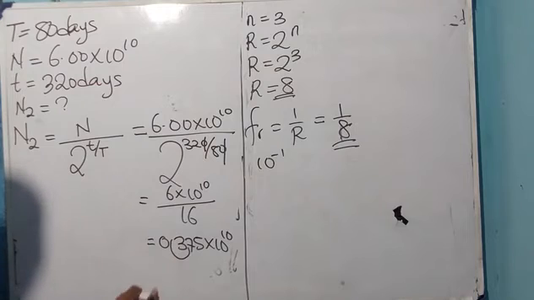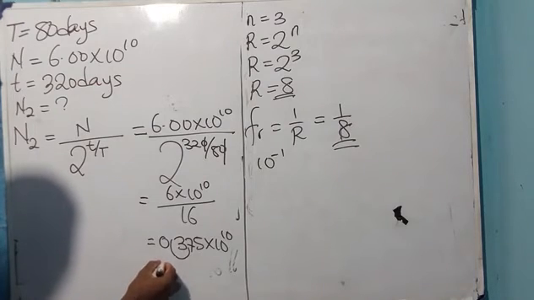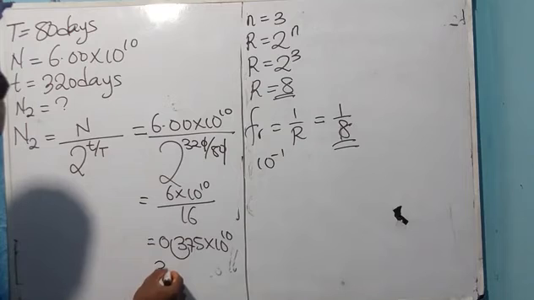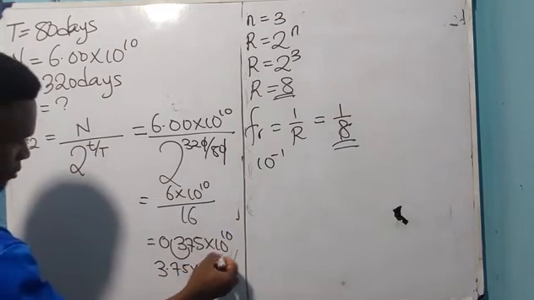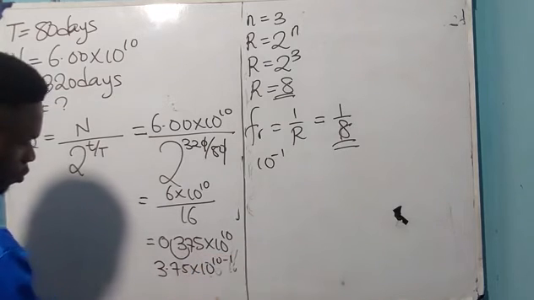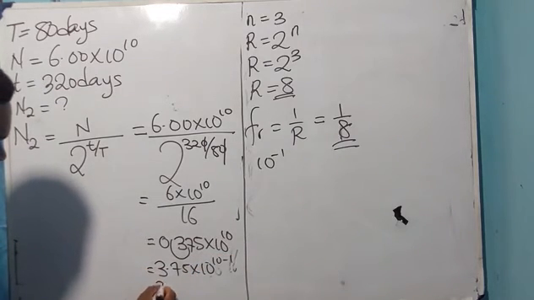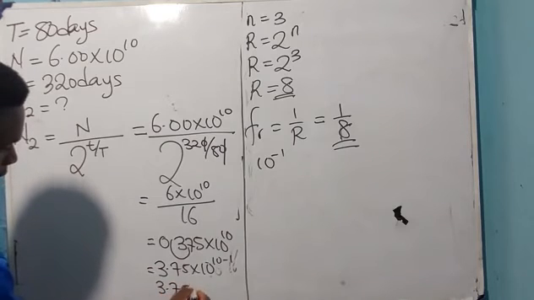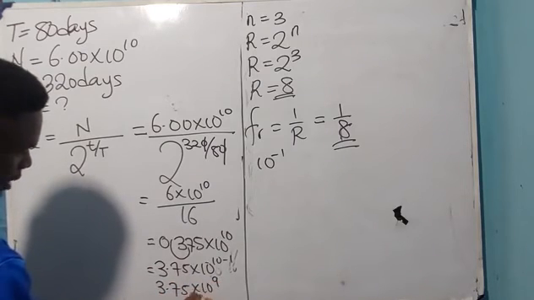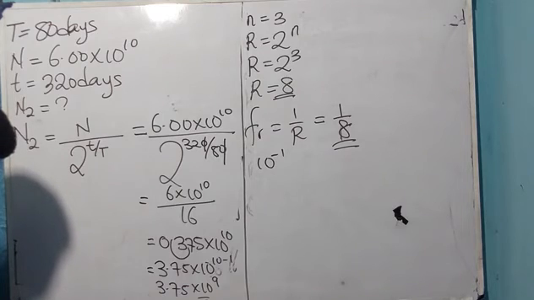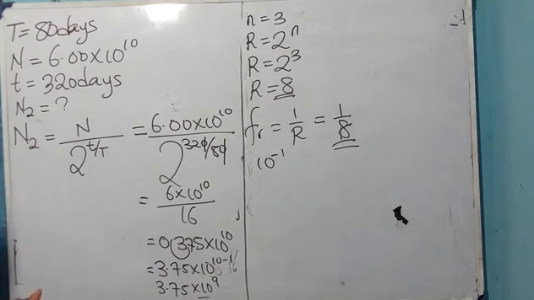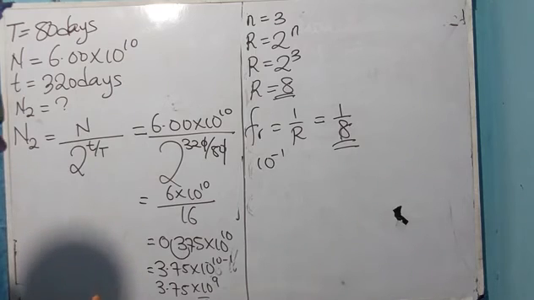So it therefore means that we now have 3.75 times 10, then you now have 10 minus 1. Therefore you now have 3.75 times 10 raised by 9. Alright, so that is the answer.